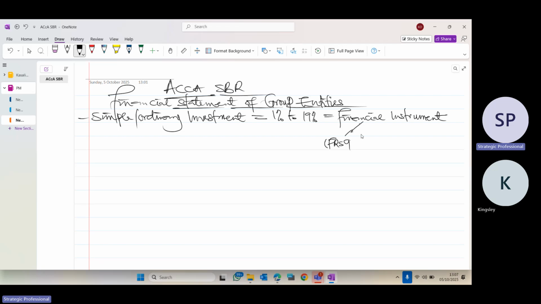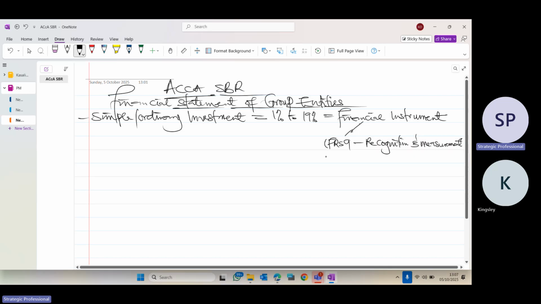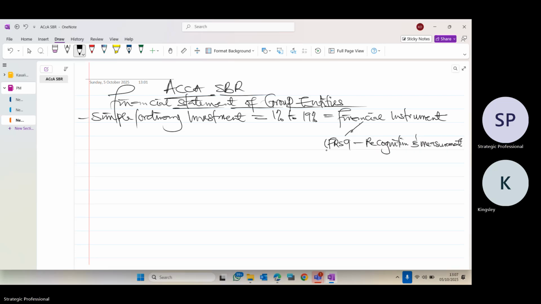If IFRS 9 is recognition and measurement, which other one do we have? IAS 39. IAS 39 has been replaced by IFRS 9.